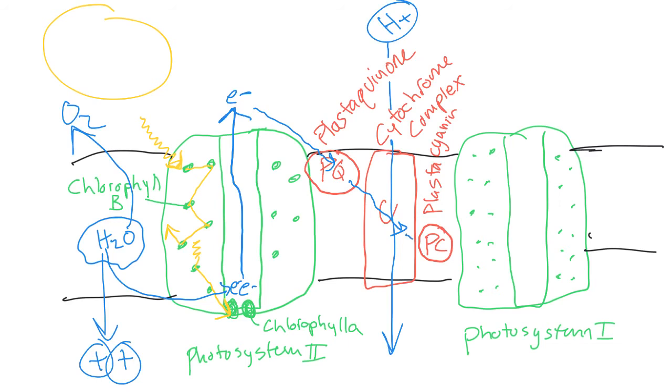And now it's out of energy, right? Yeah, so the cytochrome complex takes the energy from the electron and pumps hydrogen into the thylakoid space. Okay.